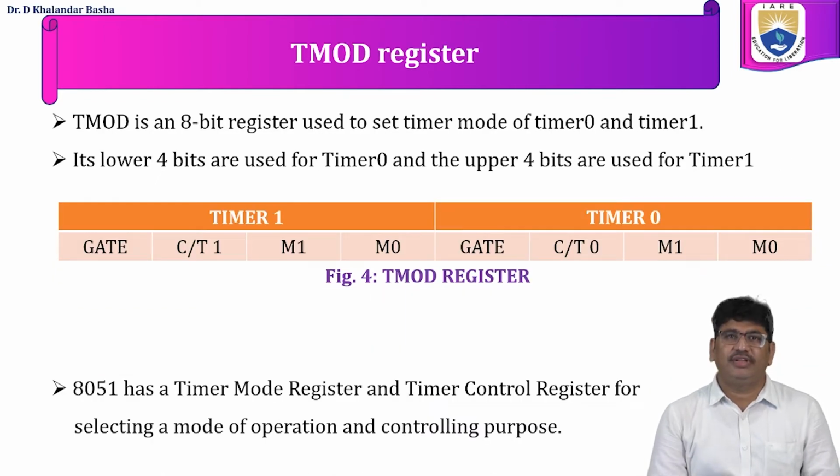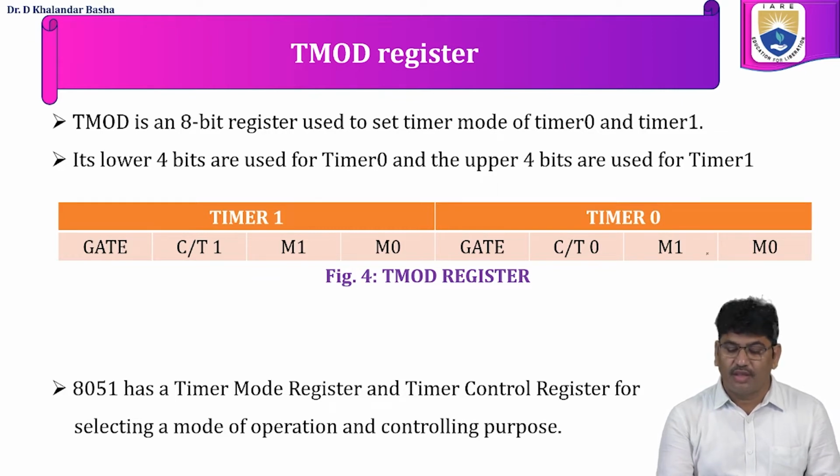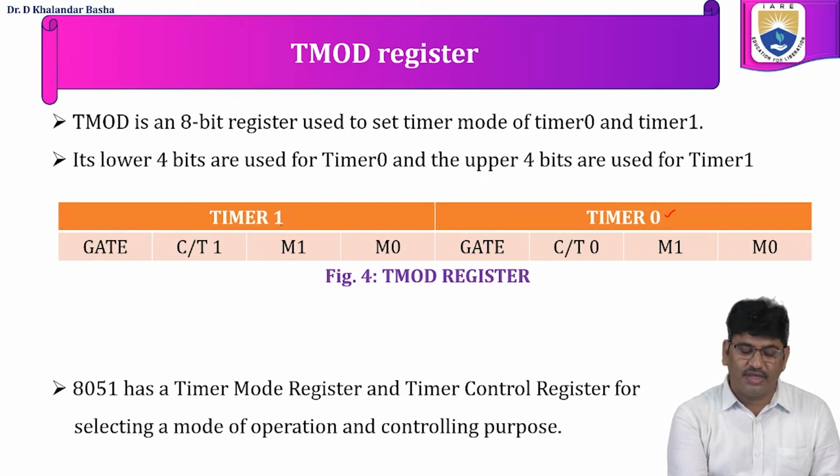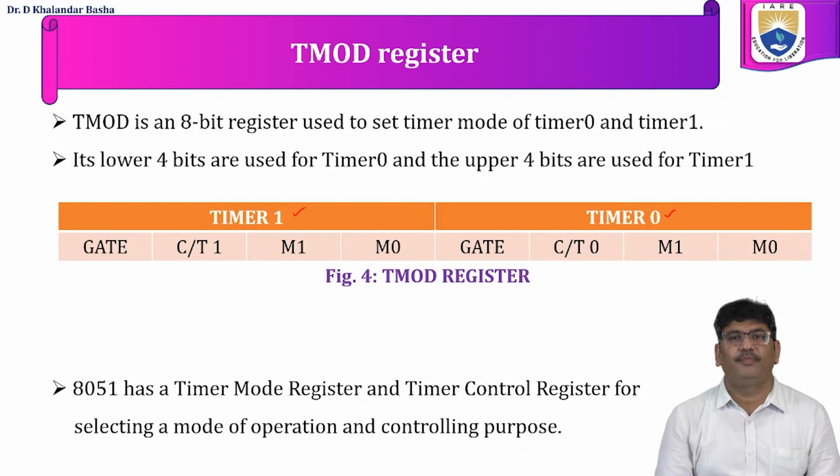The next register we will see is the TMOD register. TMOD is an 8-bit register used to set the timer modes for both timer 0 and timer 1. The lower 4 bits are used for timer 0, and the upper 4 bits are used for timer 1.